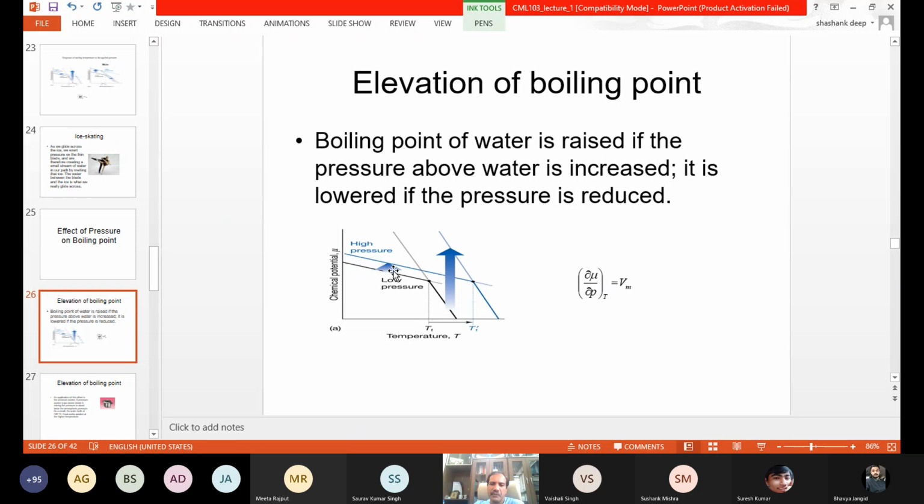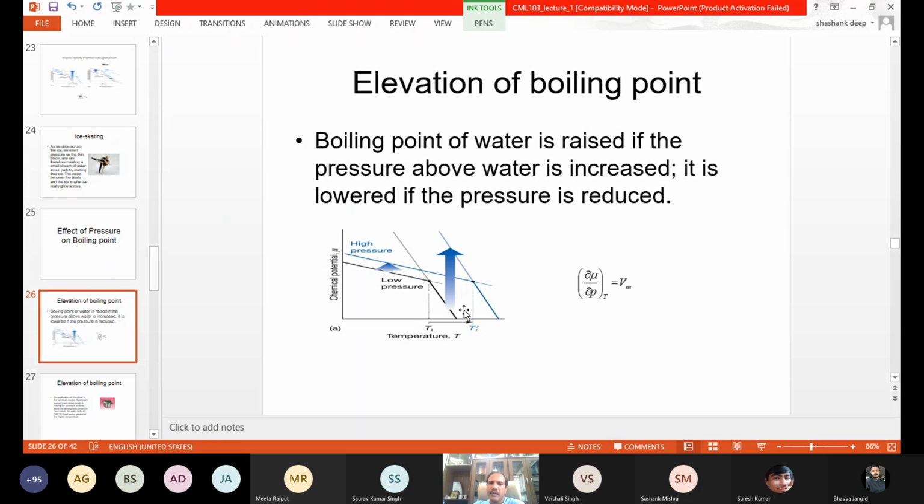Okay, so there is no exception here. And so what you will expect is that with the increase in pressure, there will be a shift towards higher temperature. So the boiling point of the water will be raised.